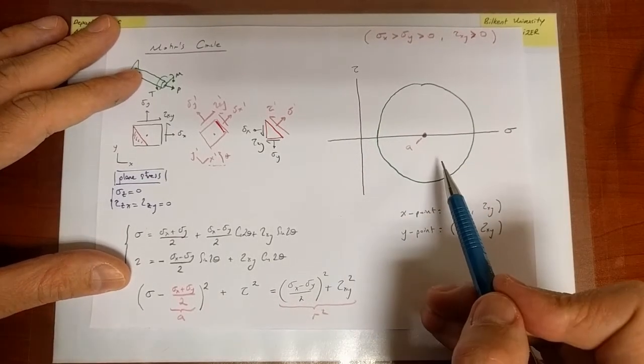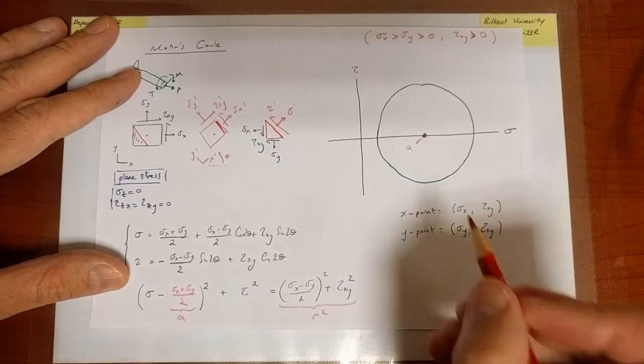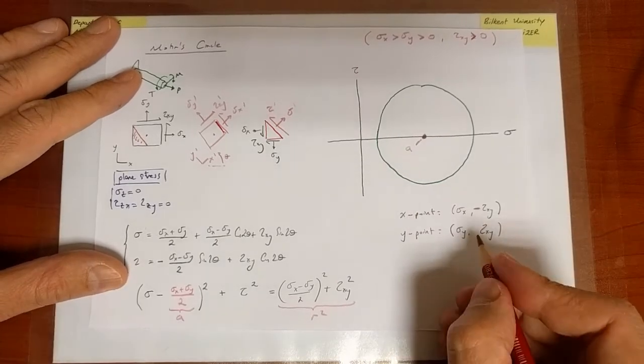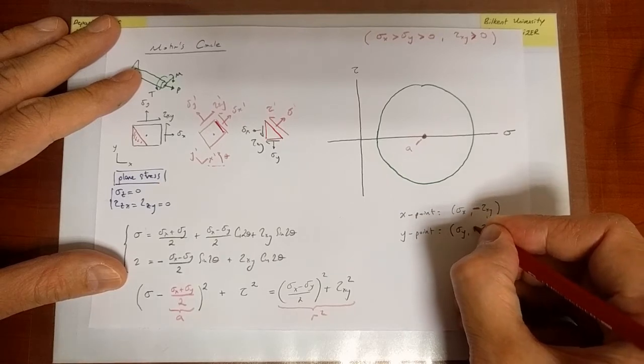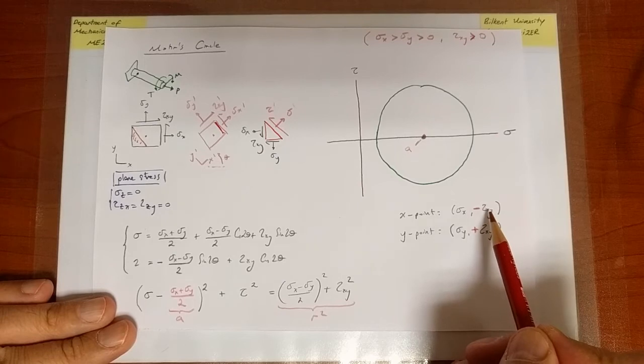Now, as I do that, I'm going to pick the following convention. I am going to put always the x point with a minus sign. This is a very important assumption that you should keep in mind. And the y point goes with a plus sign. Now, it is minus tau xy. Tau xy itself might have a negative value.